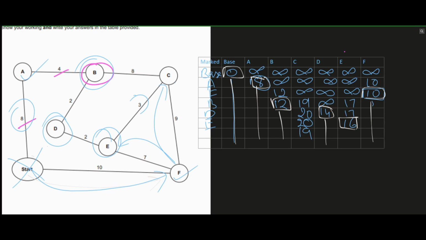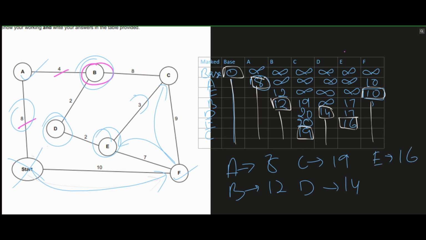Everything else is done, so this is the shortest distance, and this is C. So I now know that A is 8, B is 12, C is 19, D is 14, E is 16, and F is 10. Yeah, this is it.